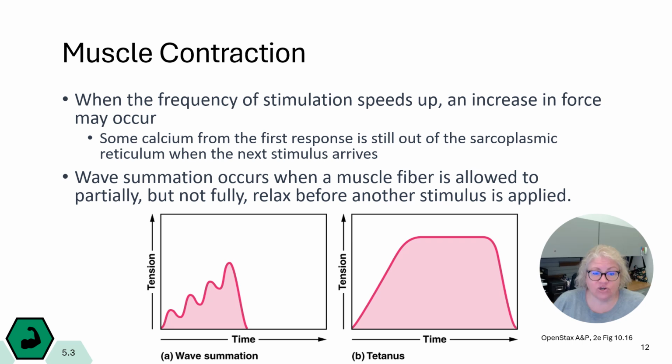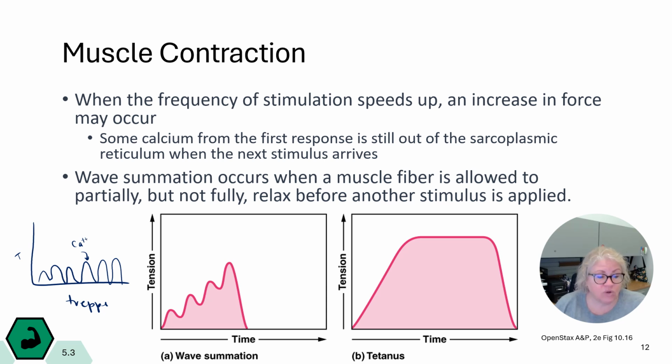Wave summation occurs when a muscle fiber is allowed to partially but not fully relax before another stimulus is applied. Remember, with treppe, we had full relaxation. So we're all the way down relaxing. We get some increase in contraction force, tension, because of that calcium still being out of the sarcoplasmic reticulum, but we still allow the muscle to fully relax.